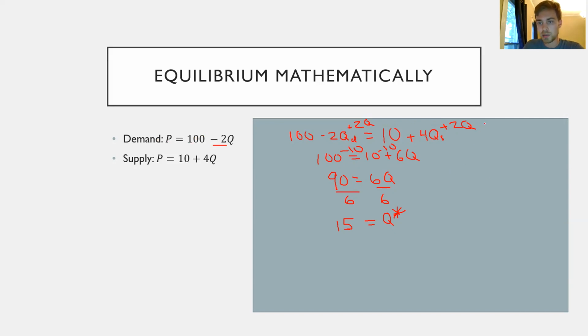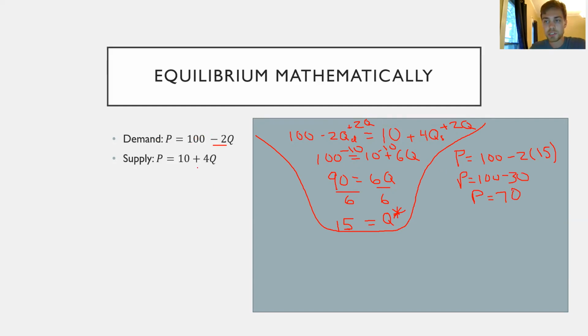So we want to find P when quantity is 15. So we'll just plug a 15 in here in that equation. And so P is equal to 100 minus 30, or this is just 70.